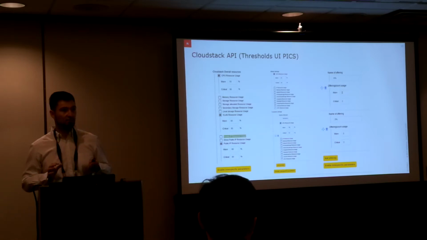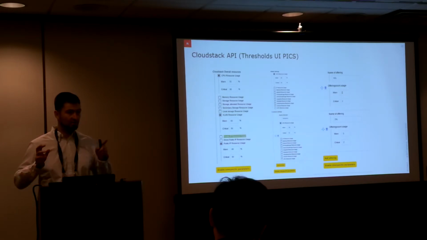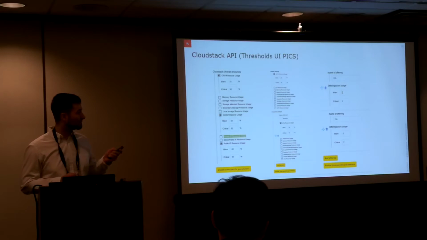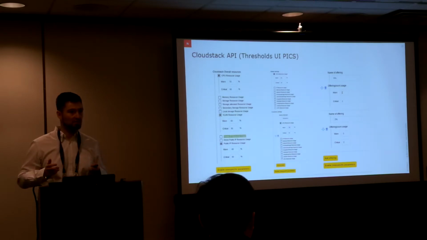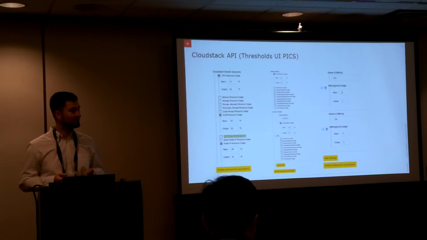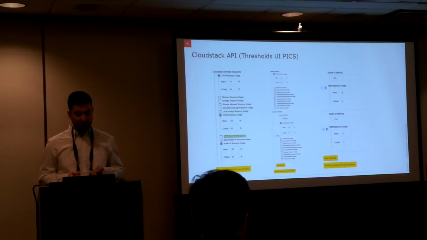Here's the specialty. You can also set some default values for new domains which will be added to CloudStack. So you can define default thresholds, and you can also define custom thresholds for specific domains or projects when you want to be informed for special customers when they have reached some limit. The last picture is for the offerings.